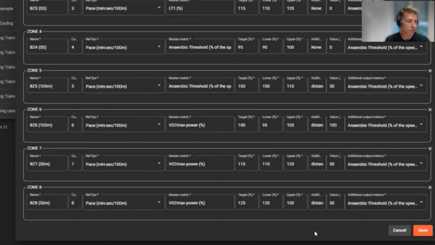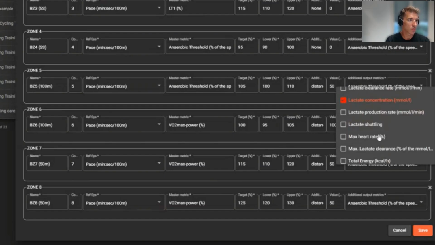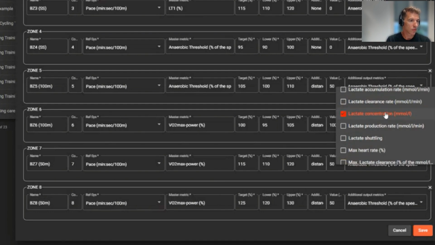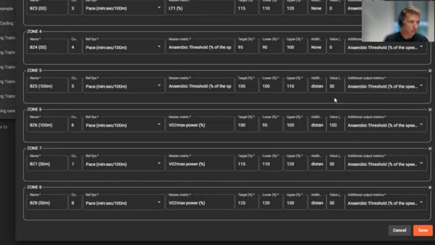Moreover, due to the option to define additional output metrics, it is possible to get an idea of the direction of the intensity in interaction, for example, with duration. So this means here you have additional output metrics. For example, you can say, I would be interested in the lactate concentration, which is here, if you run a set with intensity zone 5, and then you can give additional information about distance or time.